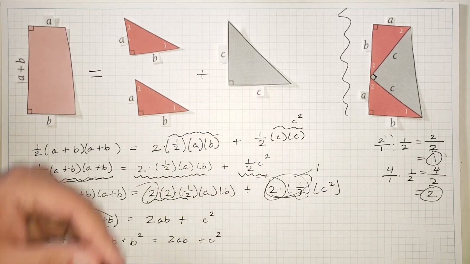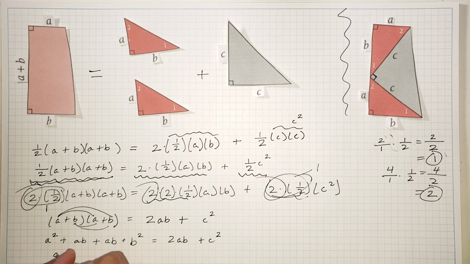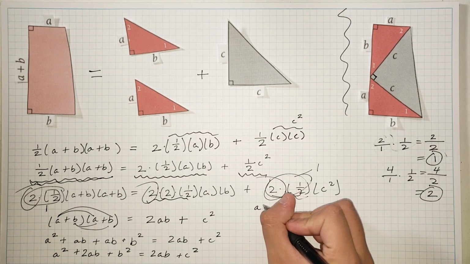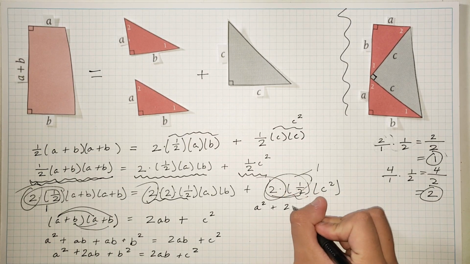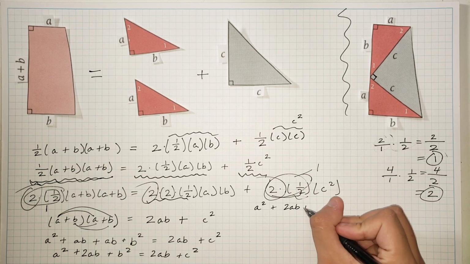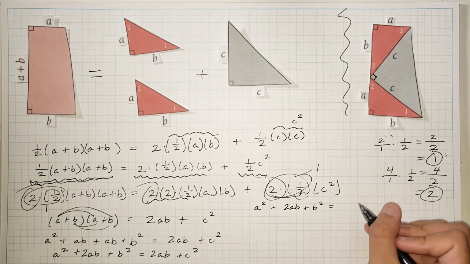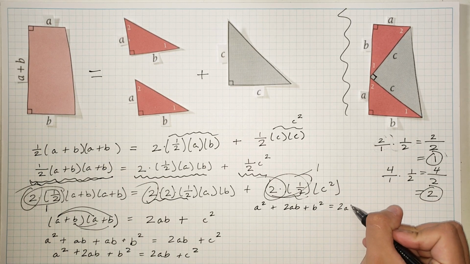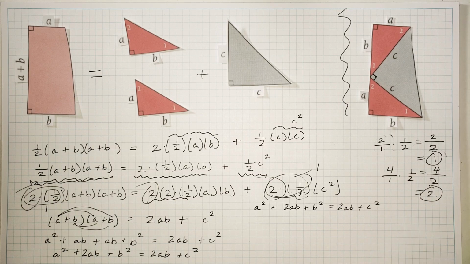So now we have a squared plus 2ab plus b squared equals 2ab plus c squared. I'm just going to rewrite that up here so it's a little easier to see. A squared plus 2ab plus b squared equals 2ab plus c squared.